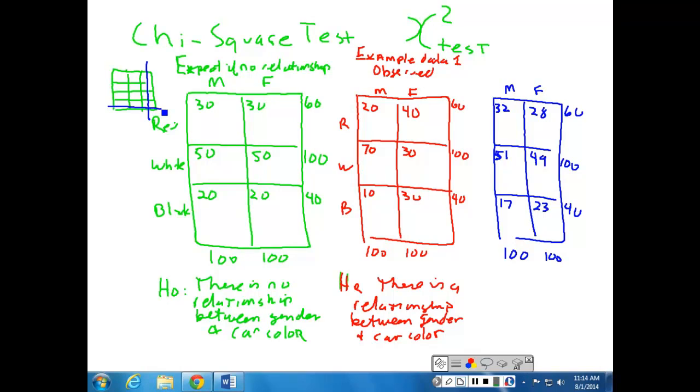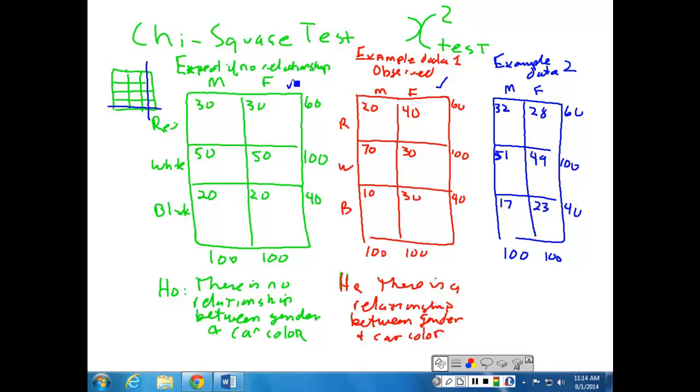So, based on this example data too, do you think you can conclude that there is a relationship between gender and car color? Here we said there is a relationship because these are far away from what you would expect if there's no relationship.